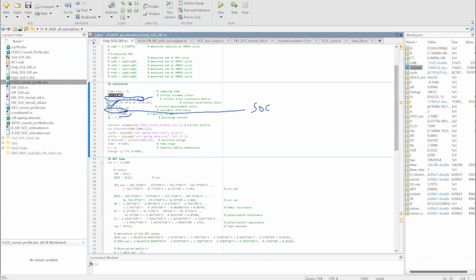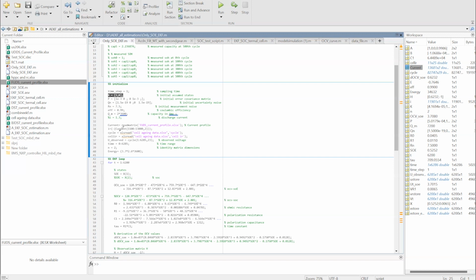And then the capacity of the cell. The cell is of 2Ah, and I multiplied with 3600. The purpose of doing this is to convert it into amp-seconds.